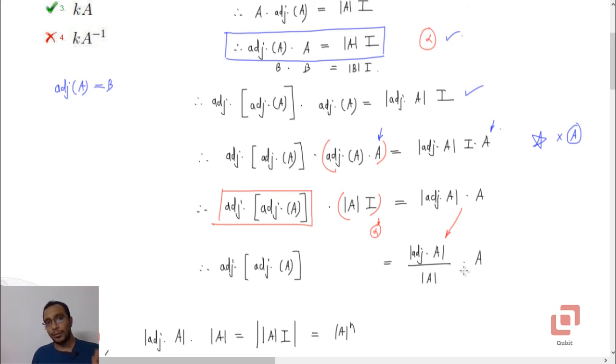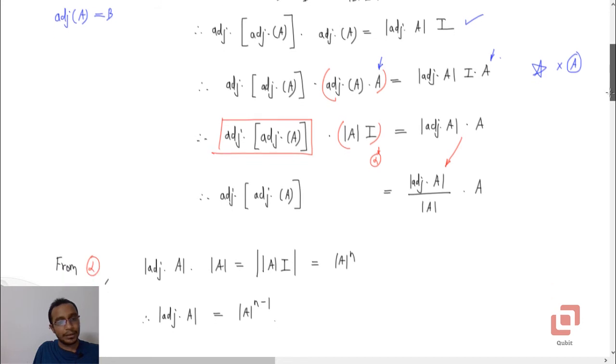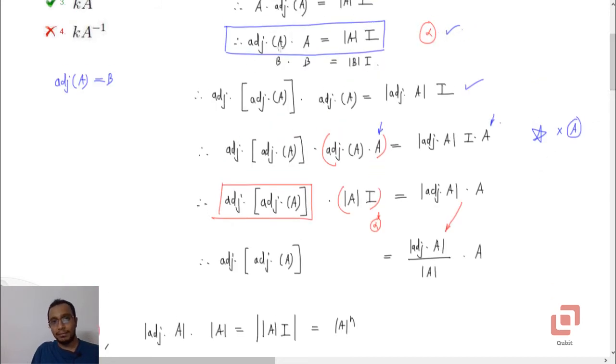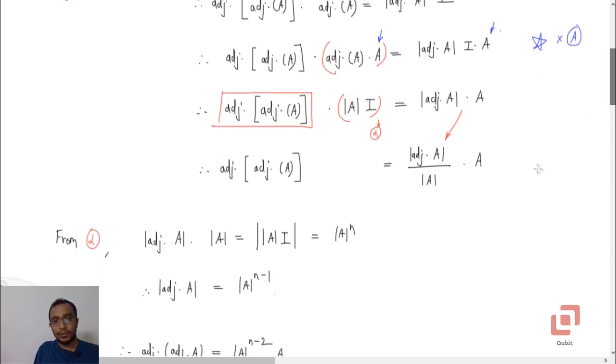Now there is one small step that's remaining, in which we will be finding the expression for the determinant of adjoint A. Many of you might already know this, but let me just tell you in case you don't. Here again we go back to our equation alpha, adjoint of A into A equal to determinant of A into I, and we recall the property that determinant of A into B is equal to determinant of A into determinant of B if A and B are square matrices.